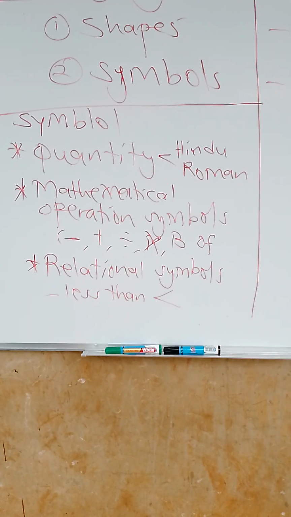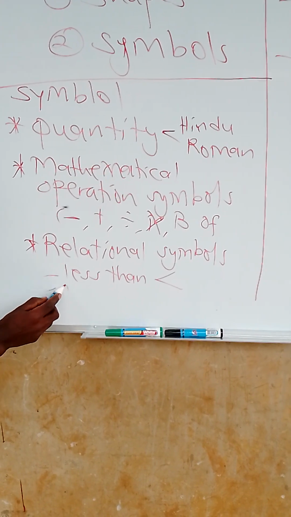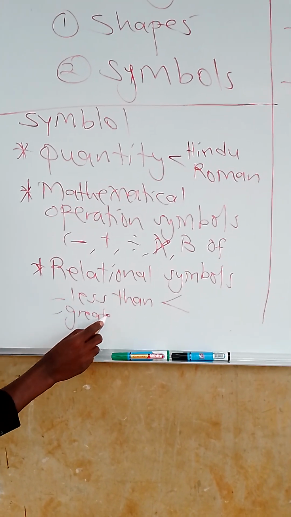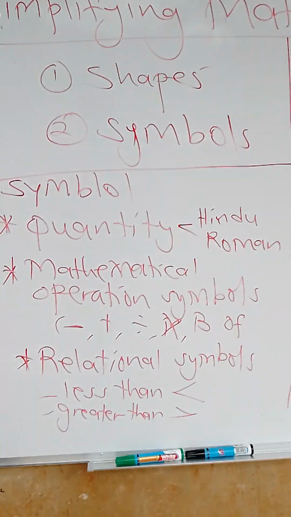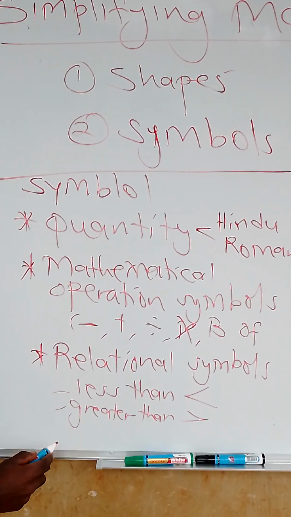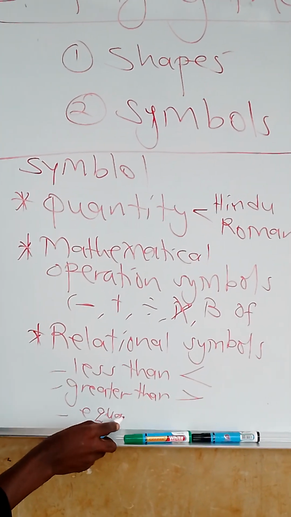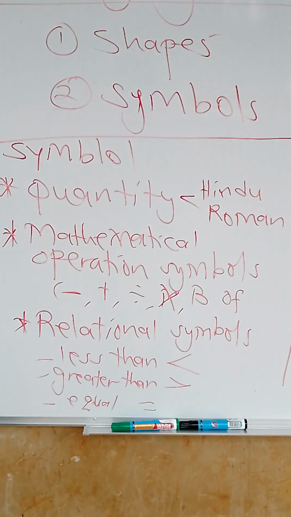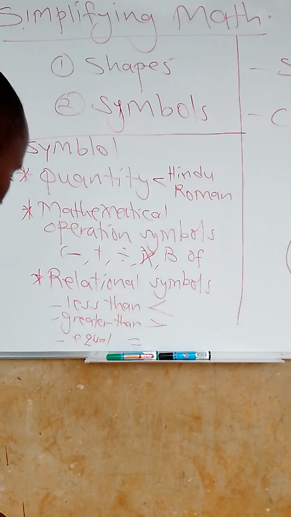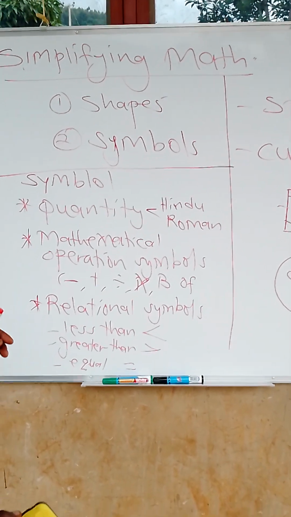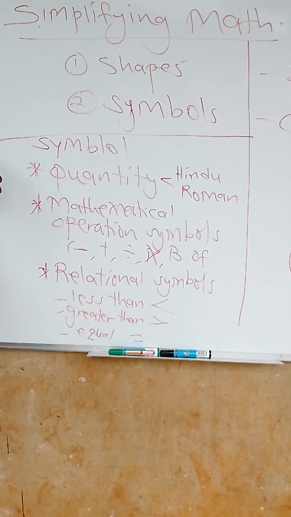We don't use words, but we use a symbol. We have greater than. The symbol for greater than is this one. We have equals. The equal symbol is this one. So that is all concerning the science of shapes and symbols.